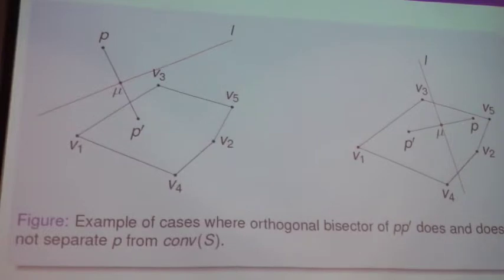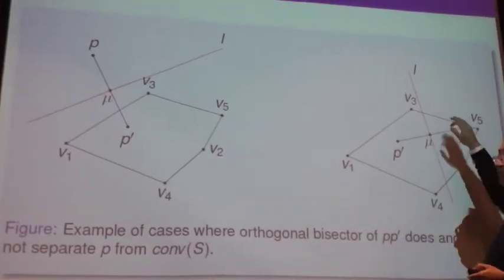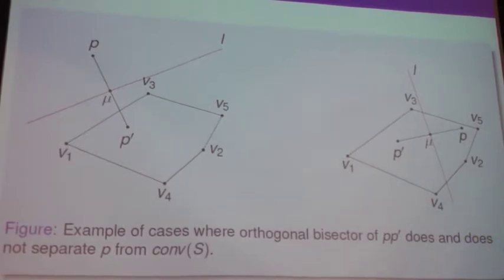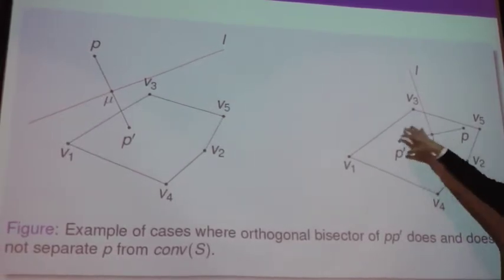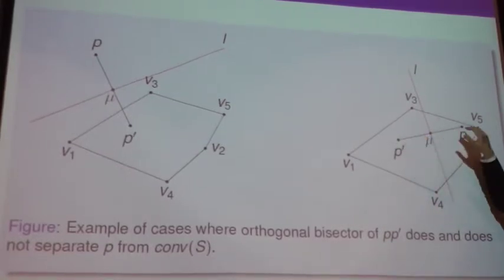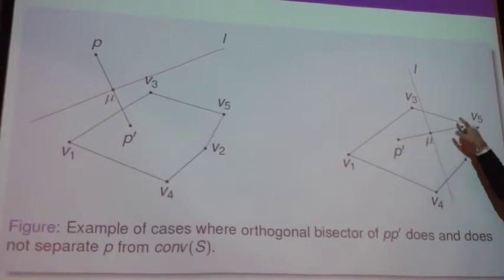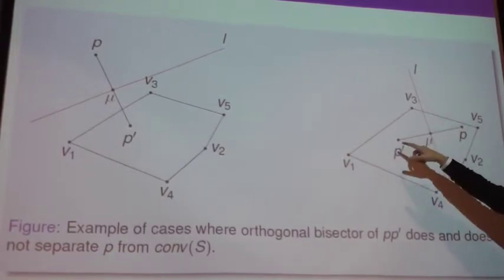Here is a picture that really tells the story. Say you have P inside. Take any point inside the convex hull. Look at the Voronoi region of P with respect to this 2-point set. The Voronoi region of P is everything that is closer to P than to P prime.